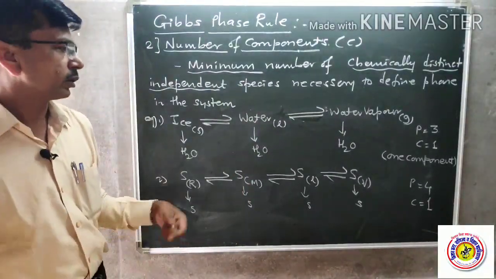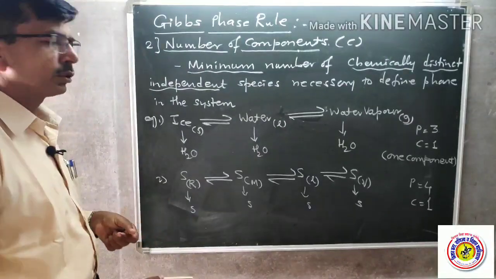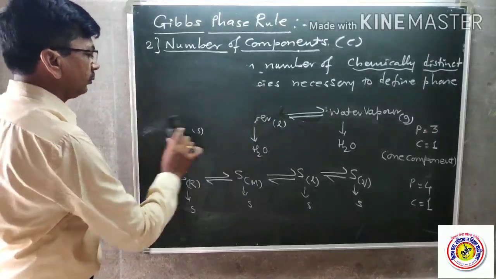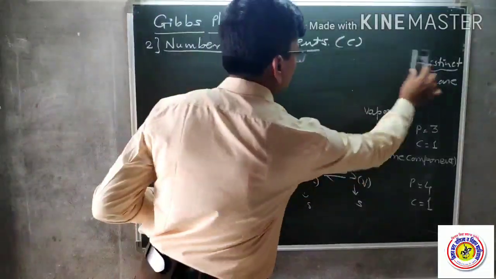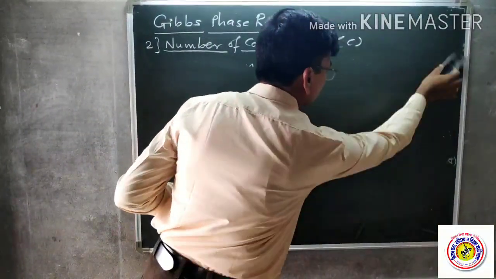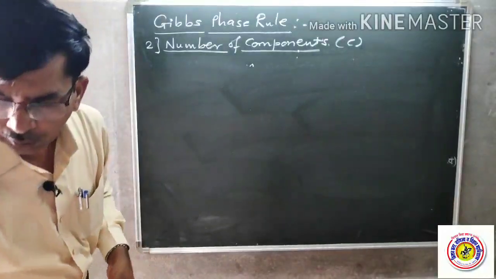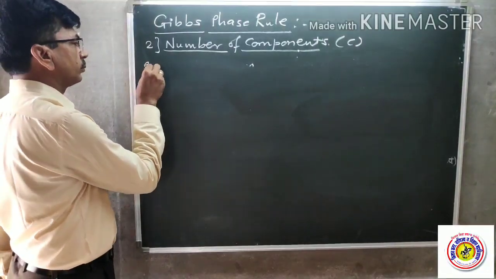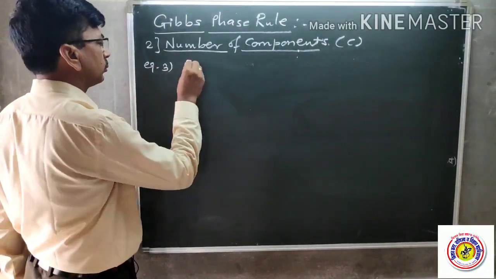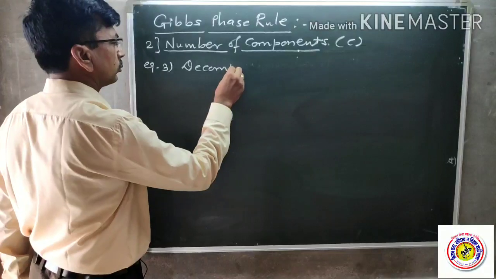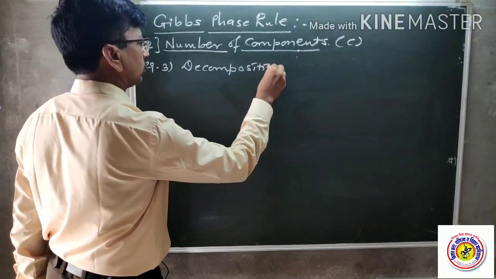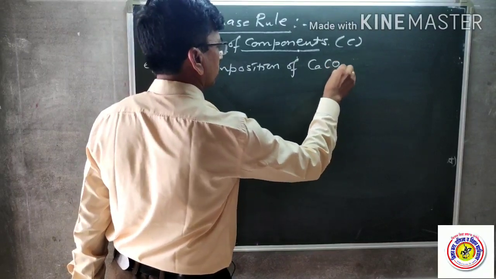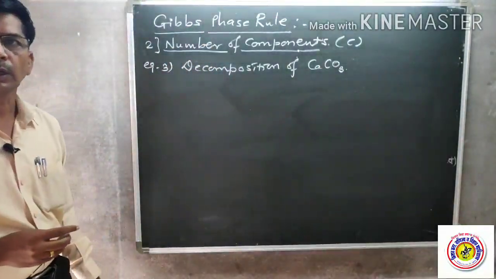Now we see some more examples of systems where we can calculate the number of components. Another example is the decomposition of calcium carbonate.